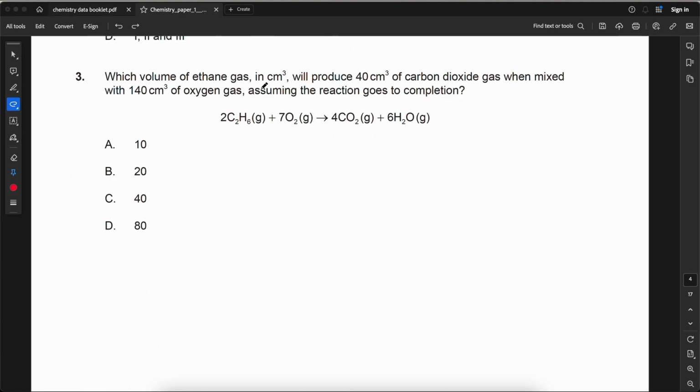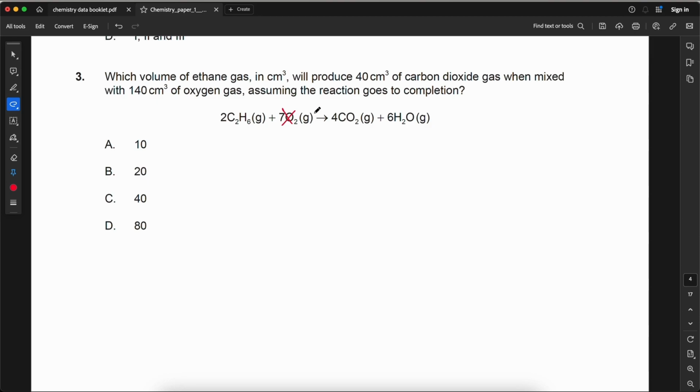Which volume of ethane gas in centimeter cube will produce 40 centimeter cube of carbon dioxide gas when mixed with 140 centimeter cube of oxygen gas, assuming the reaction goes to completion? For the 140 centimeter cube of oxygen gas, we can skip this as it is already in excess.